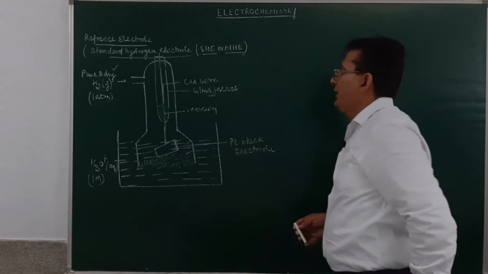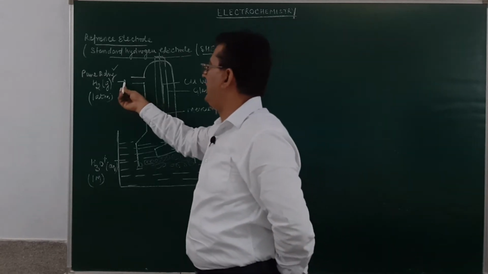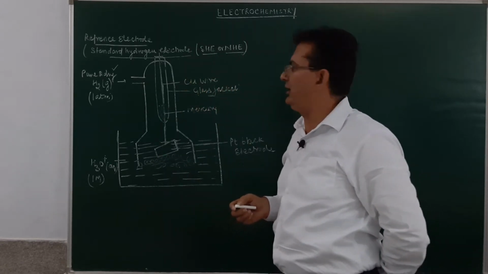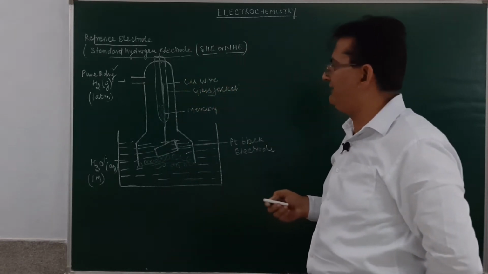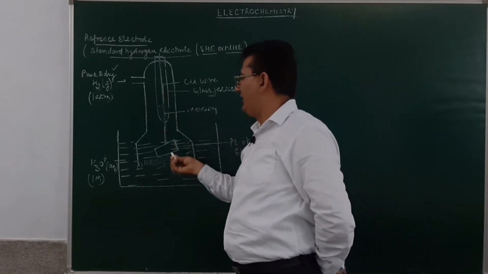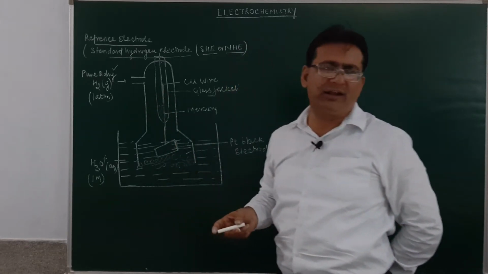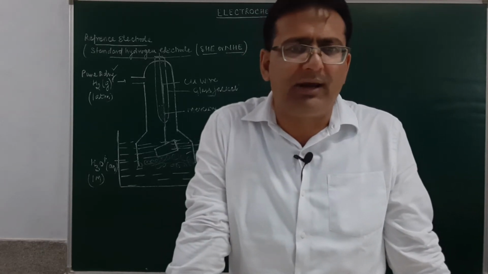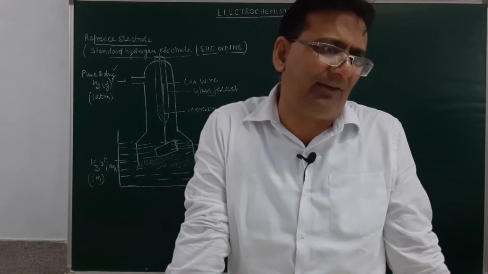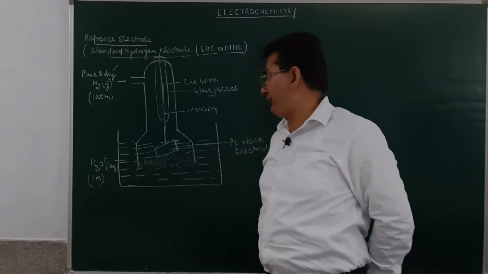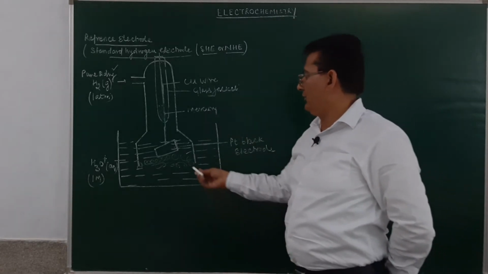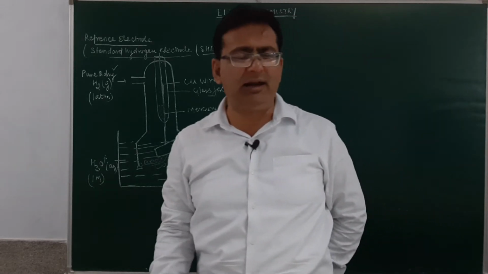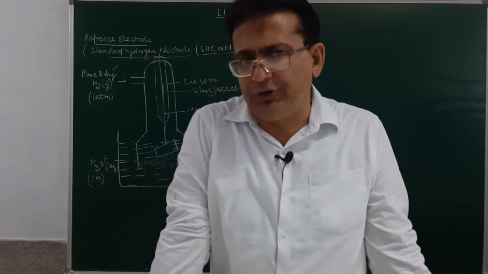Now, what is done? Pure and dry hydrogen gas is passed through the 1 molar acid solution at a temperature of about 25 degrees C. Some of the hydrogen gas gets adsorbed on the surface of the platinum black, while some of it gets dissolved in the acid solution, due to which a potential difference develops between the metal electrode and the solution.